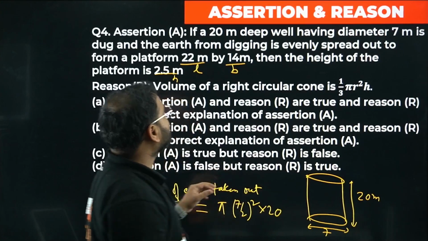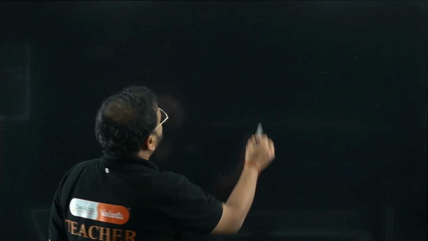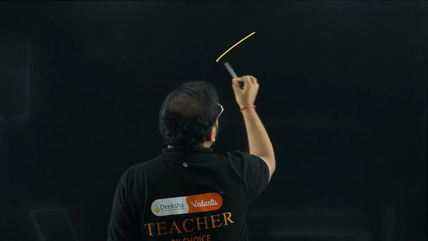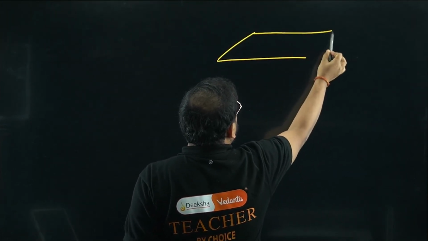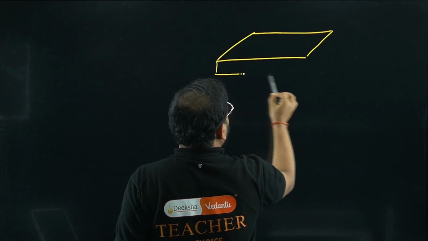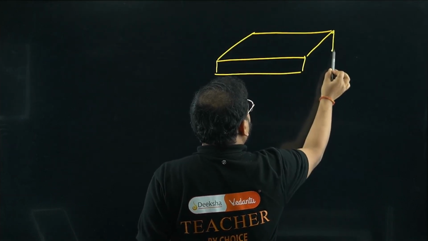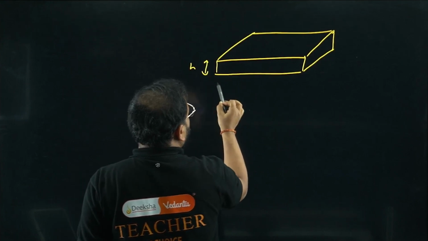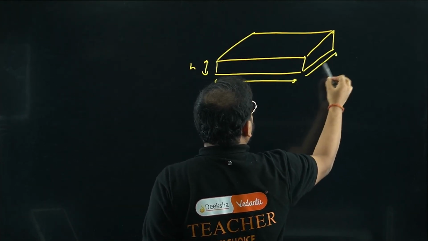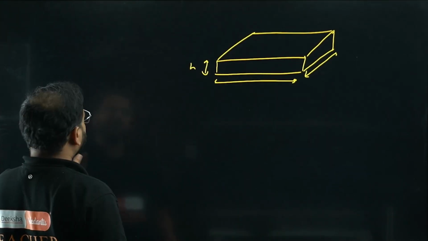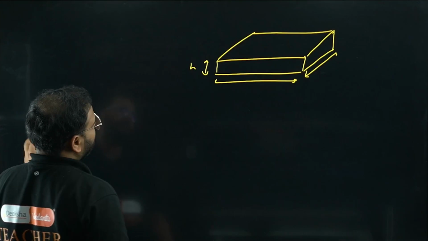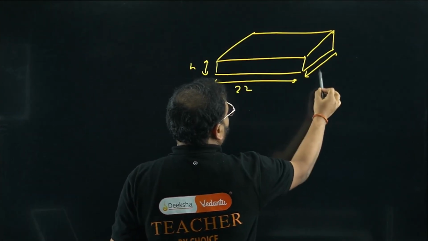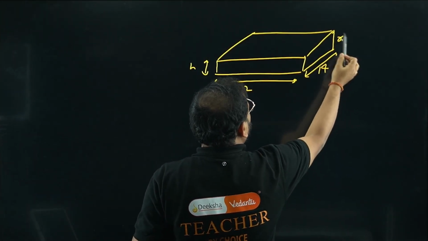Now this is used to make what? Please check. This is used to make a platform like this. Whatever platform, this type of platform, where they have given this is the height, this is the length and this is the width. The values are given like this: 22, 14, and let's call this x right now.